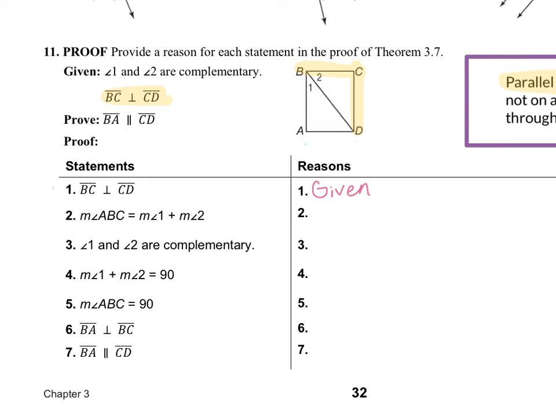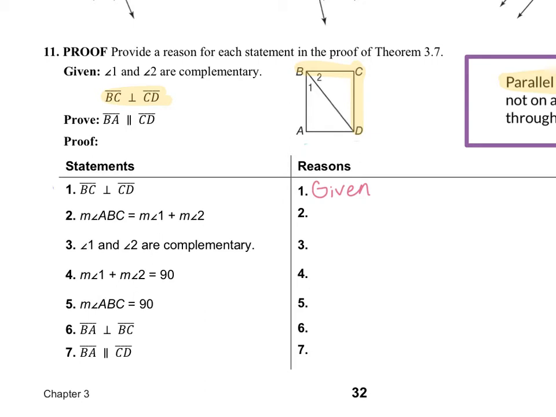Number 2, measure of angle ABC. ABC is this angle right here, equal to the measures of angle 1 and angle 2. If anybody sees something in the chat, let me know, because it's not working for me right now. So ABC is equal to 1 and 2.